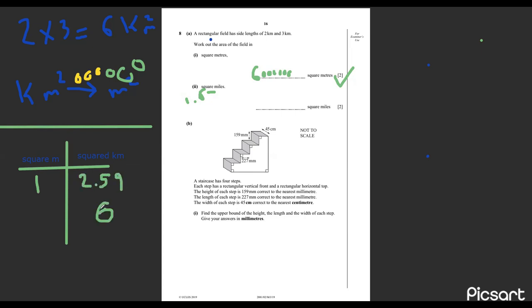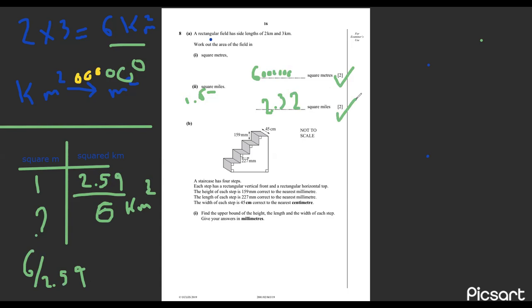Here we have 6 squared kilometers, and we want to know the square miles, so we divide 6 by 2.59, which gives us 2.32.